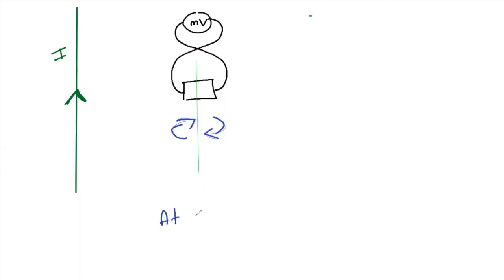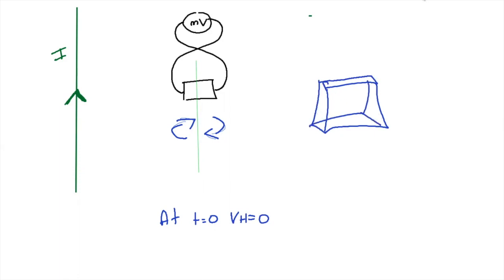And obviously we know at time 0, VH is going to be 0, because of the angle. Now, I told you something that day. If this is the surface of my Hall probe, the angle makes a lot of difference. If I am sending the field at this angle, and at this angle, it's going to have different values.